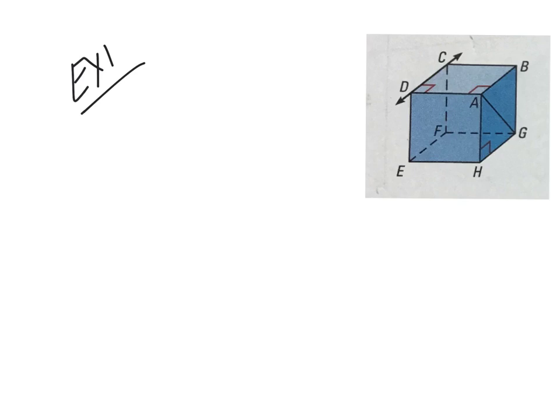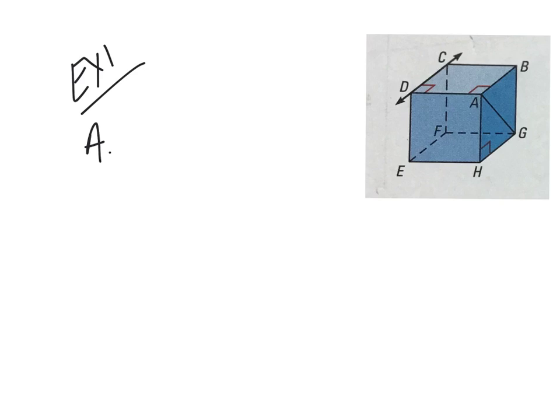Try not to look at the solutions, guys. I want you to think for yourselves here. So for A, first of all, think of each segment in the figure as part of a line. Which lines or planes in the figure appear to fit the description that I'm about to read to you? For A, it says lines parallel to CD and containing point A.